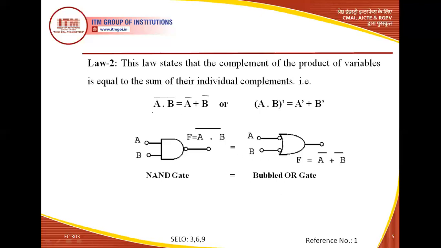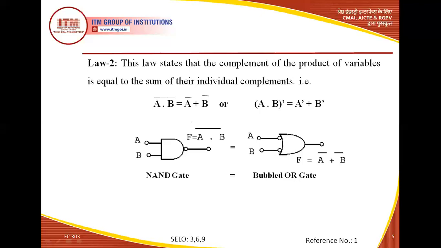This is done by the second law of De Morgan. So the second law states that (A dot B) whole bar equals A bar plus B bar, or we can also express it for more than two variables. That means (A dot B dot C dot D) whole bar equals A bar plus B bar plus C bar plus D bar.